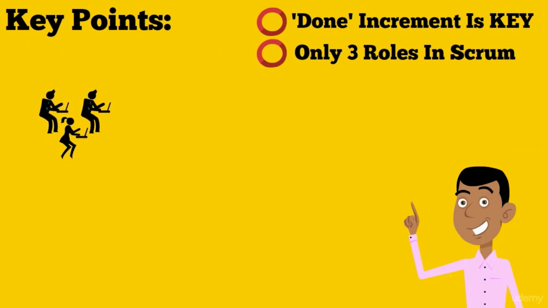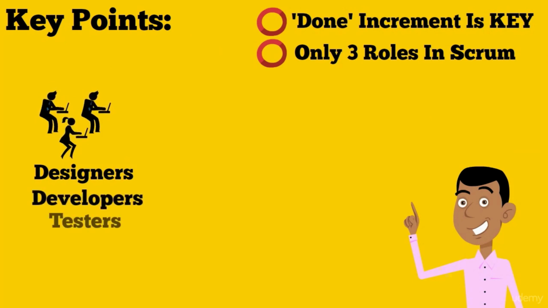So it doesn't matter whether you've got designers, developers, testers. I mean, even though designers are called designers, they are helping to develop an increment of the product, and hence they develop the product. So in that sense, they're part of the development team.